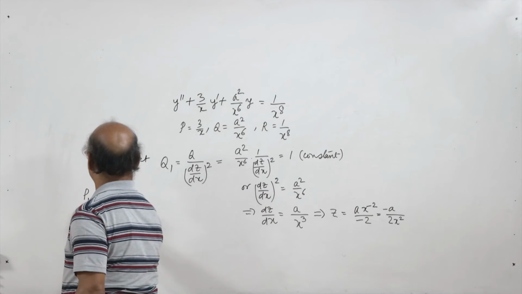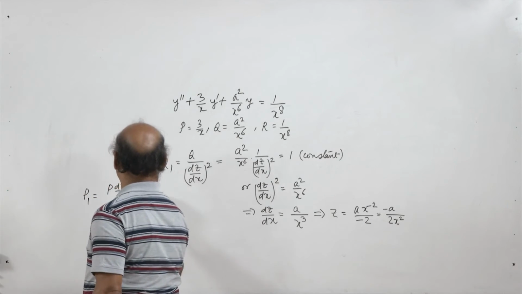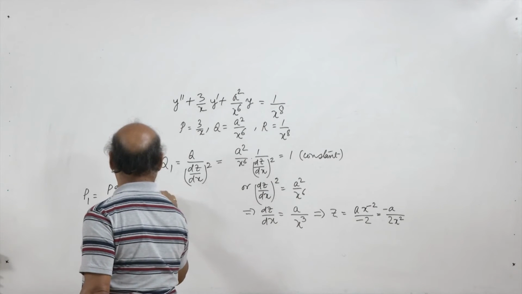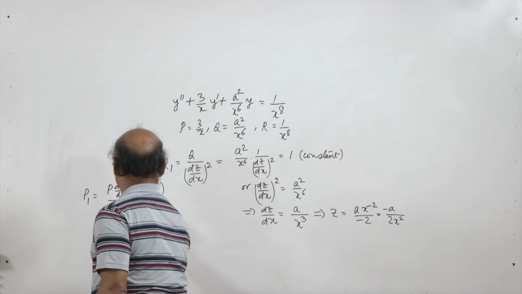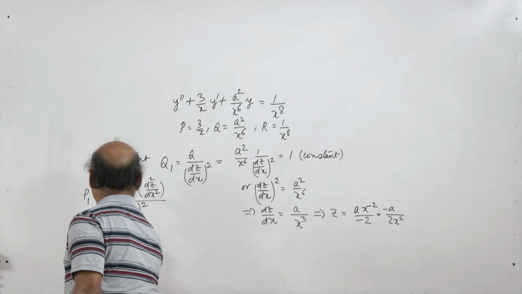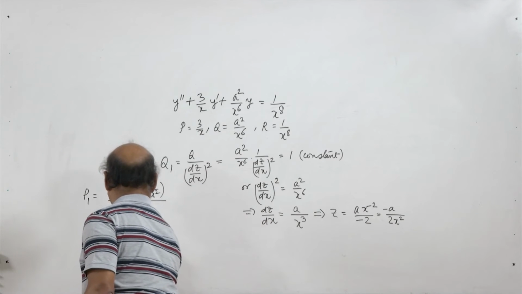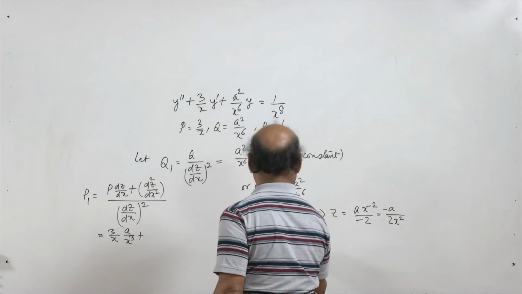p1 equals p dz/dx plus d square z by dx square upon (dz/dx) whole square. So, p is equal to 3 by x, dz/dx is a by x cube, plus d square z by dx square, which we can find from here.